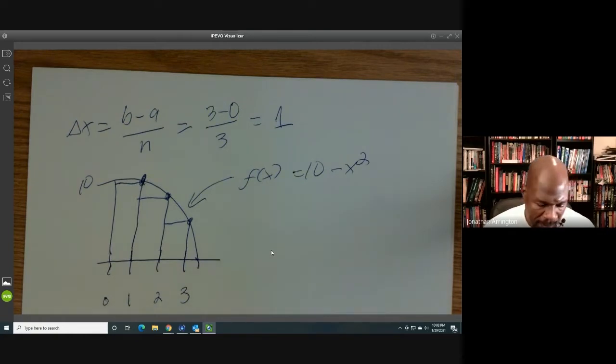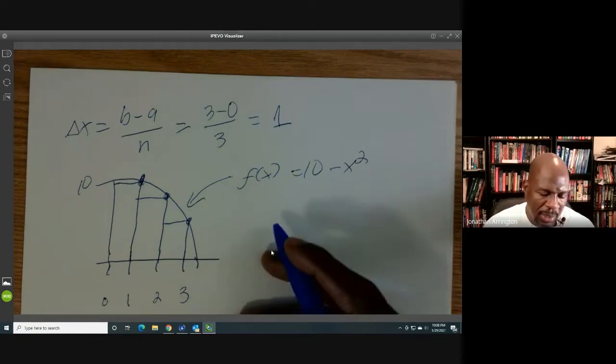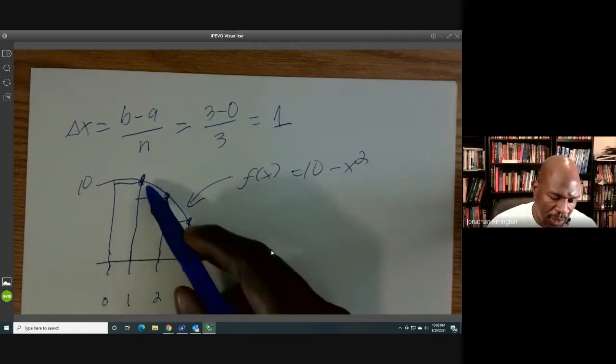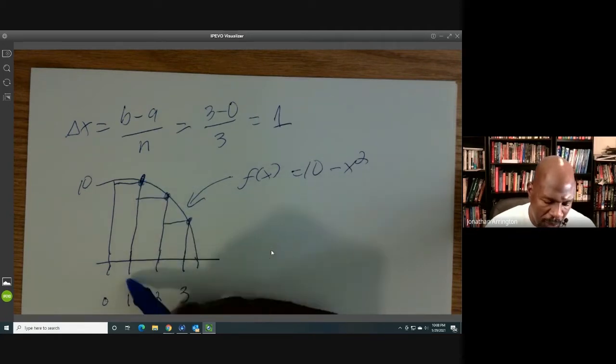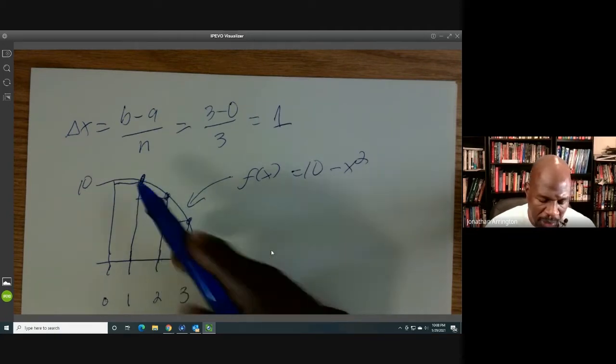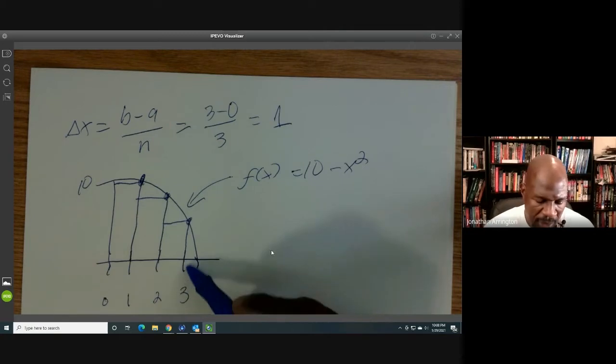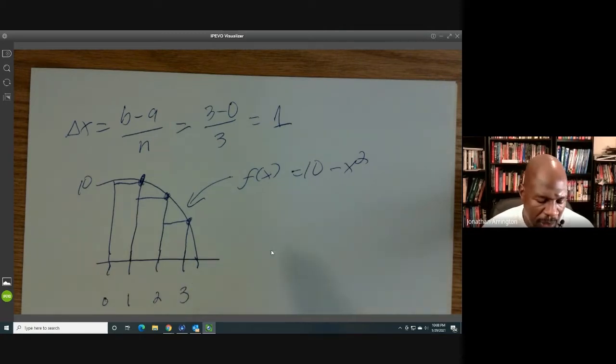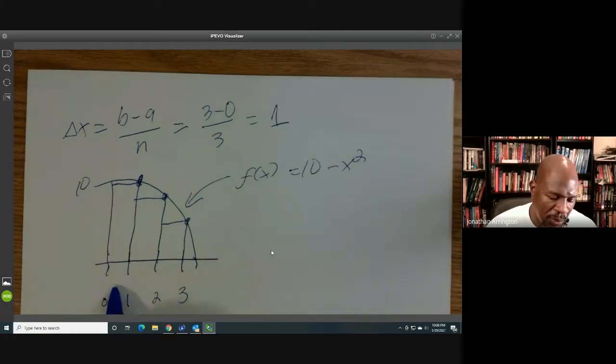So the height of each rectangle is the value of the function evaluated at 1, 2, and 3. For instance, f of 1 is 9, f of 2 is 6, and f of 3 is 1. Those heights are multiplied by the width of each rectangle, which was 1 in this case, and which is delta x in all cases when the subintervals are of equal length. That's how we found this particular area.